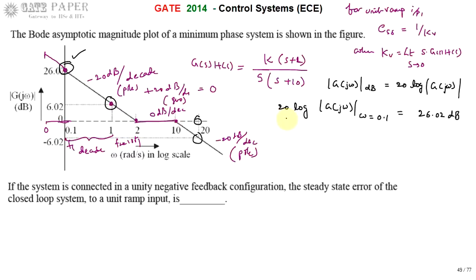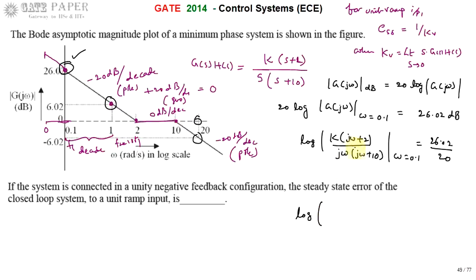Taking the 20 to the other side, this becomes log of G(j omega). G(j omega) is equal to K times (j omega plus 2) divided by j omega times (j omega plus 10), and omega should be substituted with 0.1. The right side is 26.02 divided by 20, and we write the magnitude.